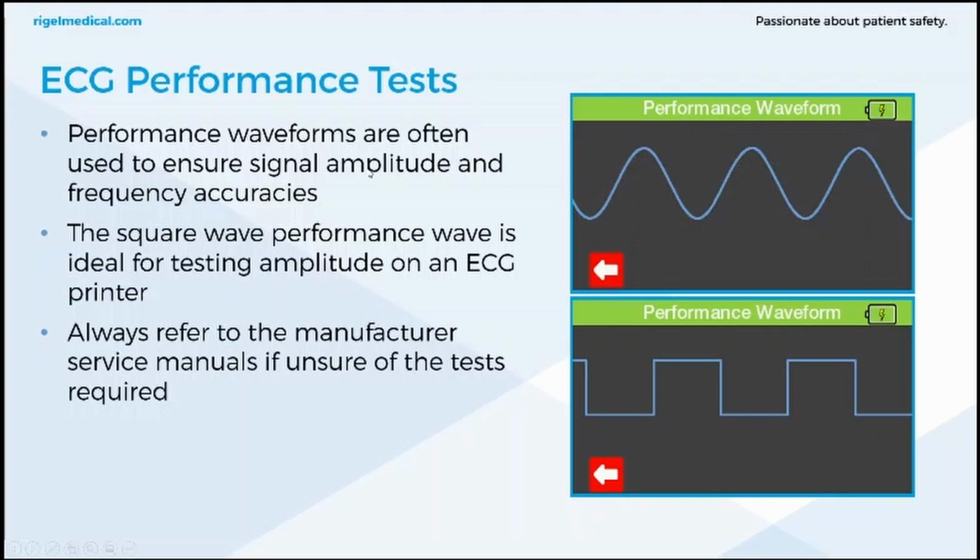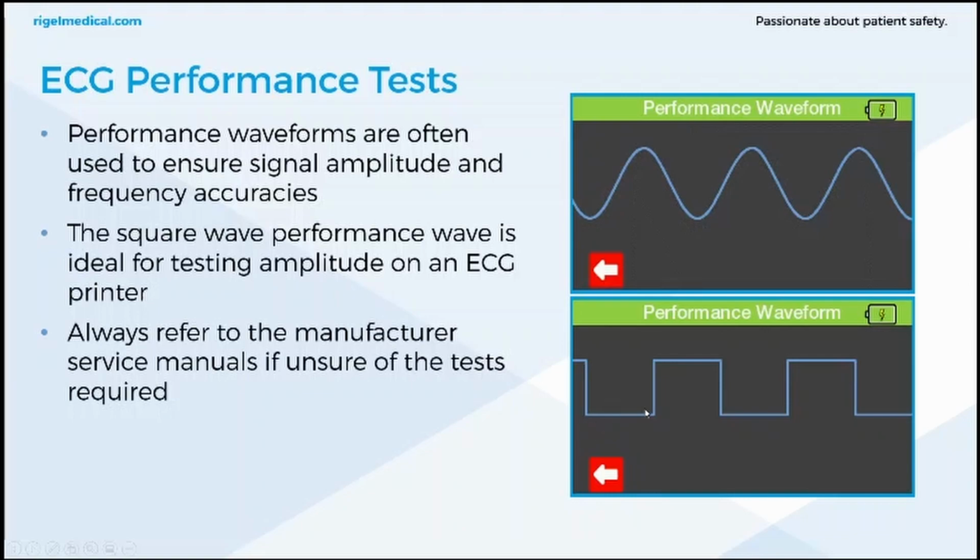That brings us on to performance waveforms, because quite often these performance waveforms are used to check the printers. There's a variety of waveforms, again much like a signal generator: sine wave, square wave, triangle wave, and sawtooth wave is another one. Square wave is ideal for testing amplitude on an ECG printer.